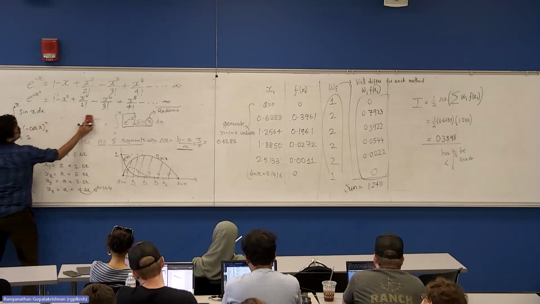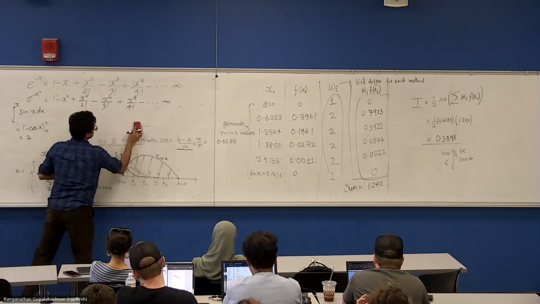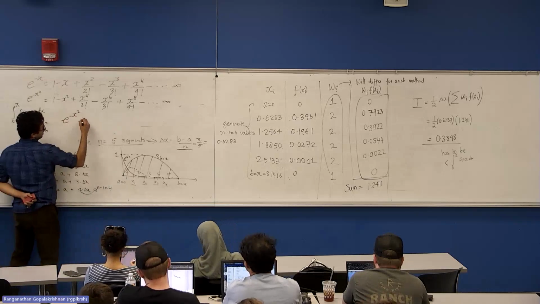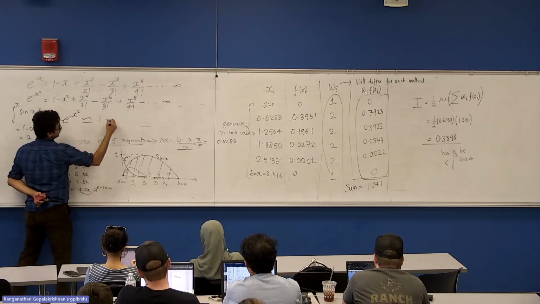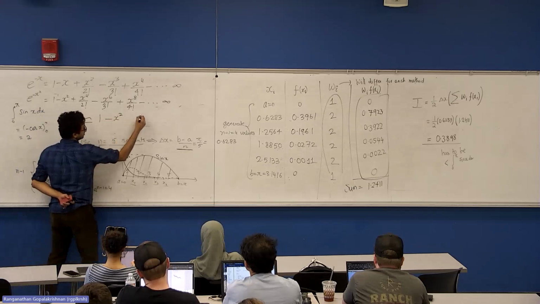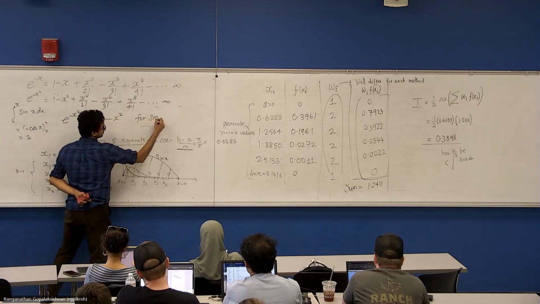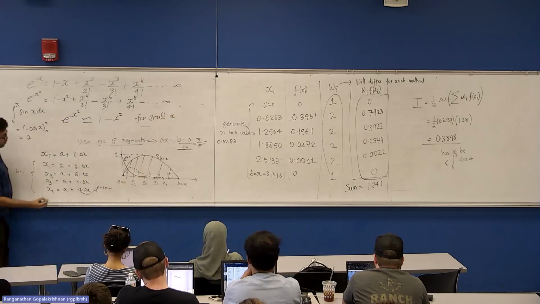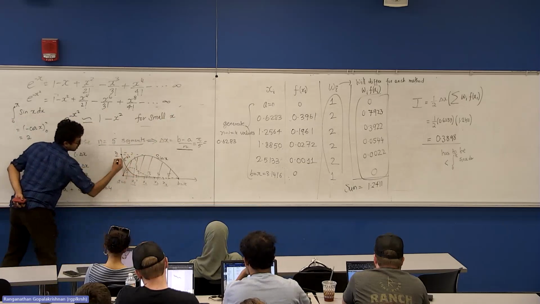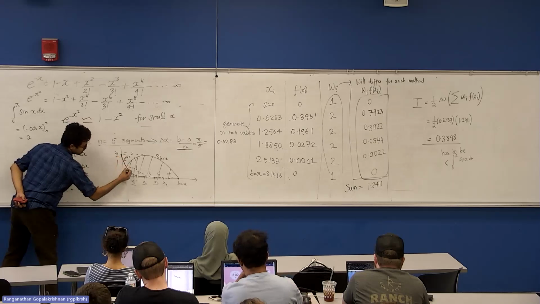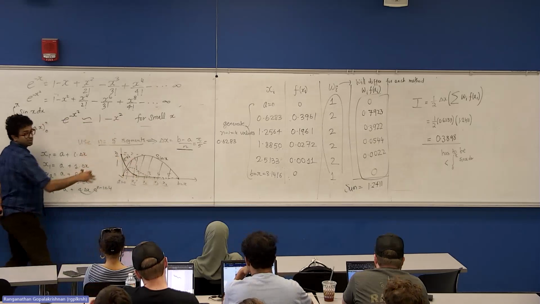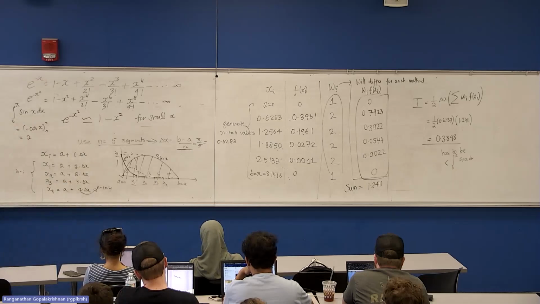So then I can say e power minus x squared is approximately equal to 1 minus x squared for small x. Can I say that? For this portion, I'm trying to approximate this as a parabola. I'm not worrying about the higher order terms. I'm just throwing them away.